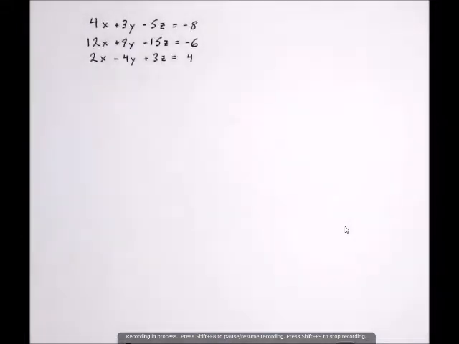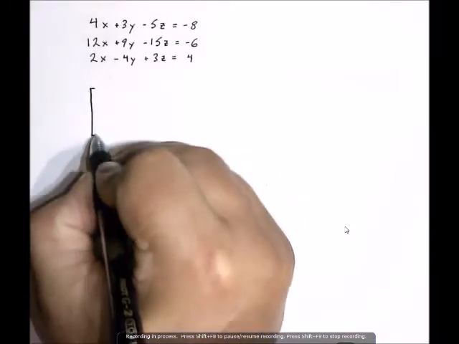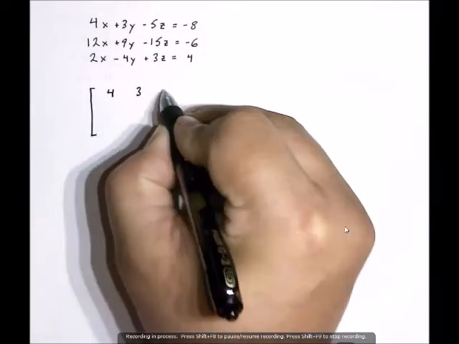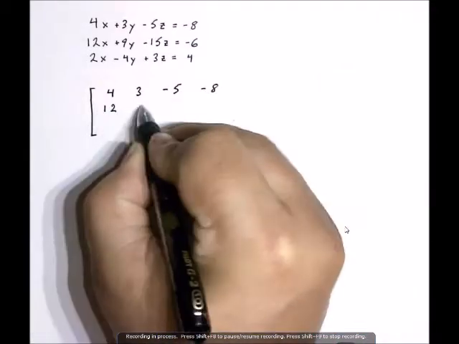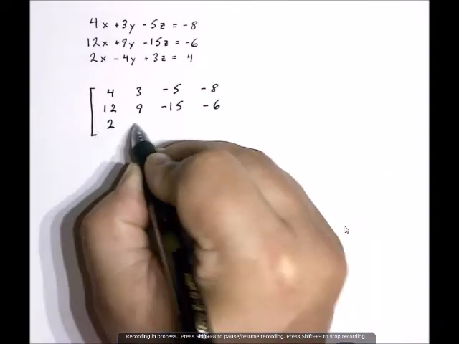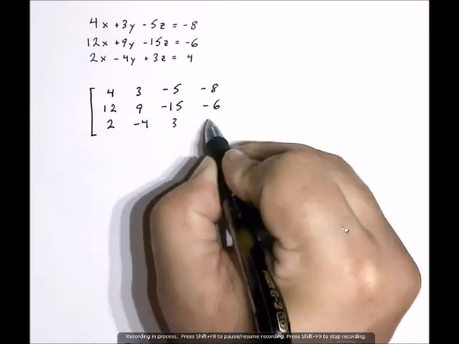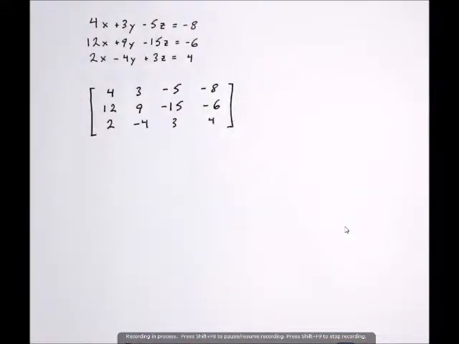And here's the first one. So the first thing I do is rewrite this as an augmented matrix. Like so. And then do the reduced row echelon form operation on it.